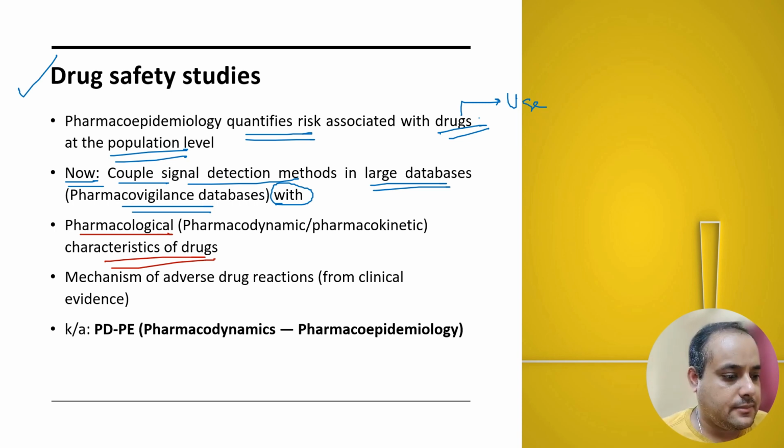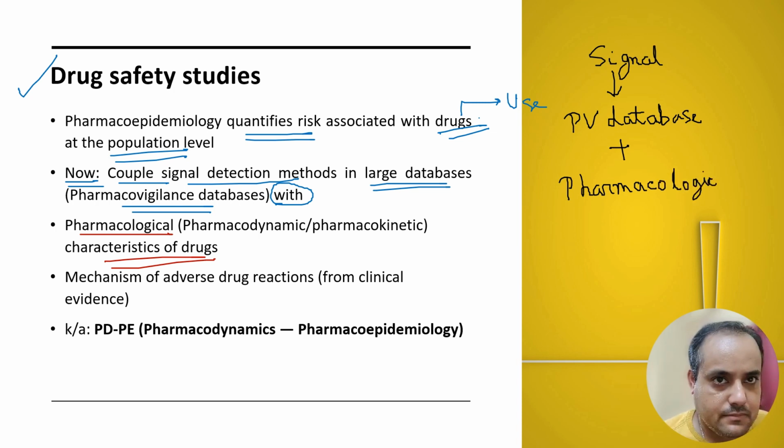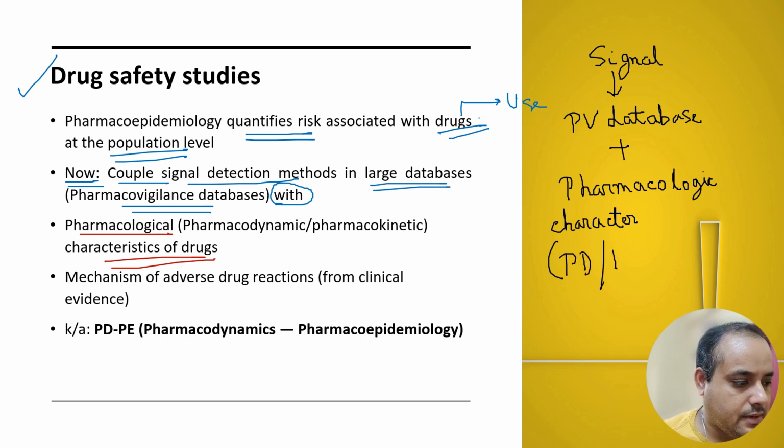So the signal that has been generated from a large database, say the pharmacovigilance database, is coupled with the pharmacologic character of the drug. And by pharmacologic character, we basically mean the pharmacodynamic or the pharmacokinetic character.